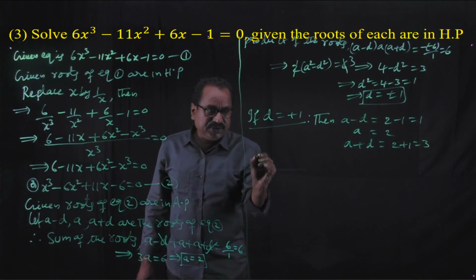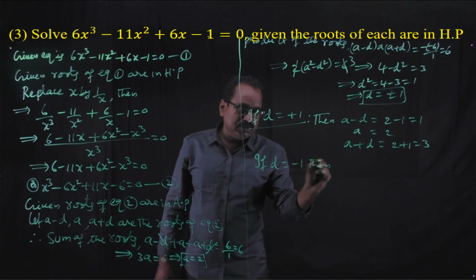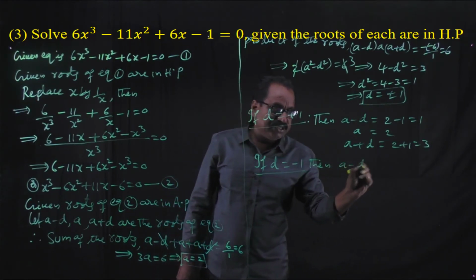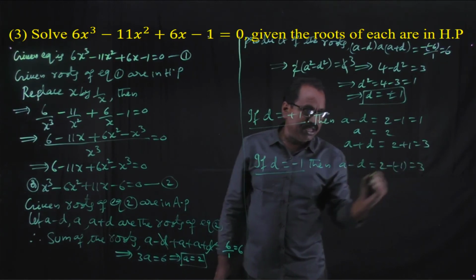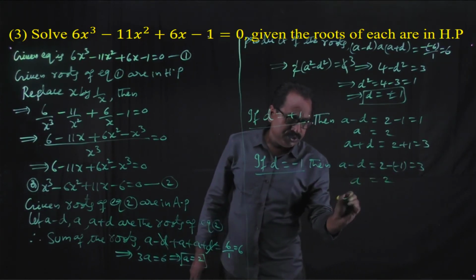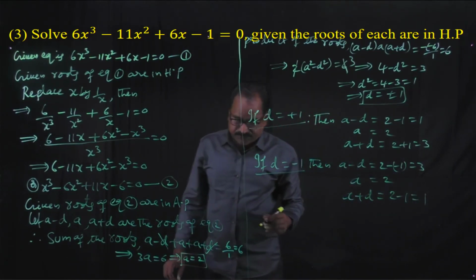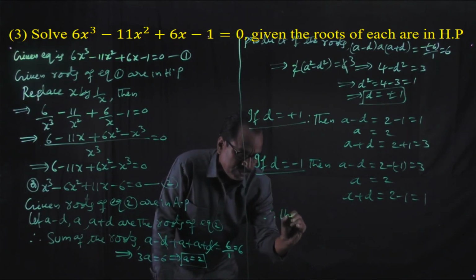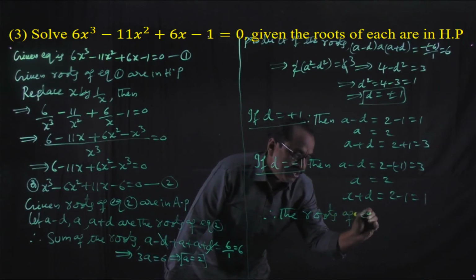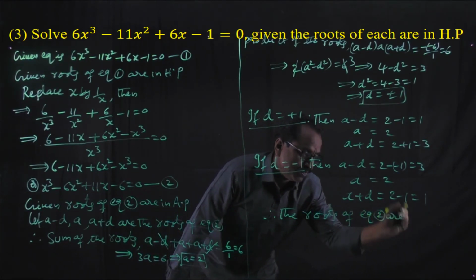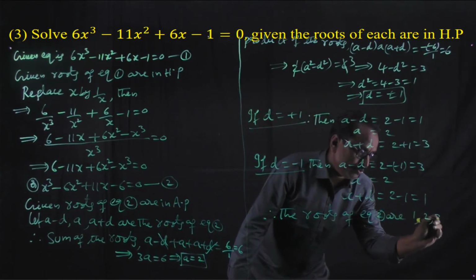If d is equal to minus 1, then a minus d is equal to 2 minus of minus 1, that is equal to 3. A is equal to 2. A plus d is equal to 2 minus 1, that is equal to 1. Therefore, the roots of equation 2 are 1, 2, 3.